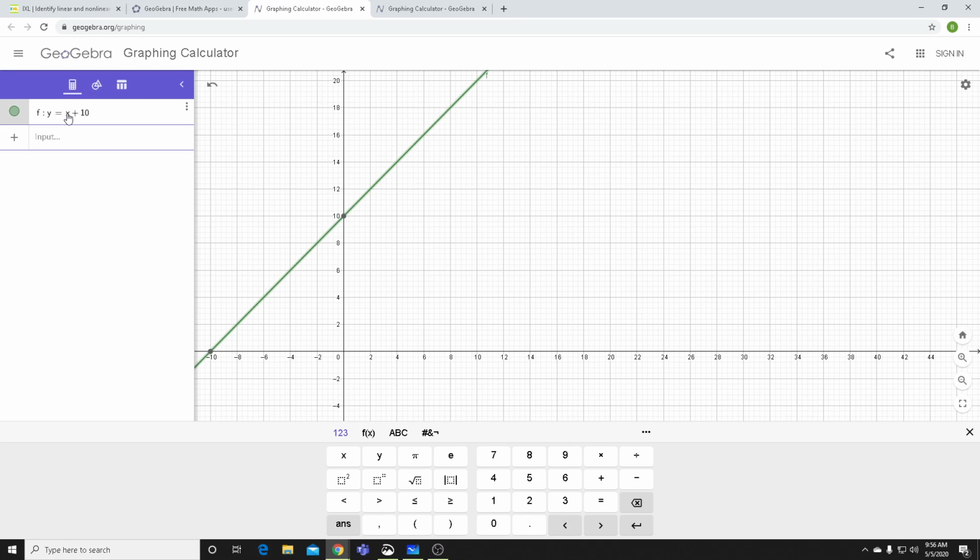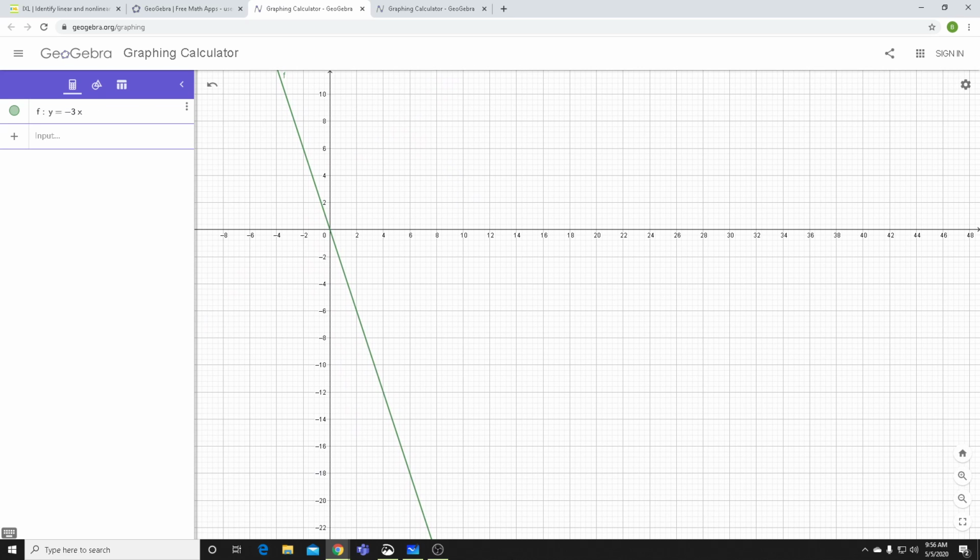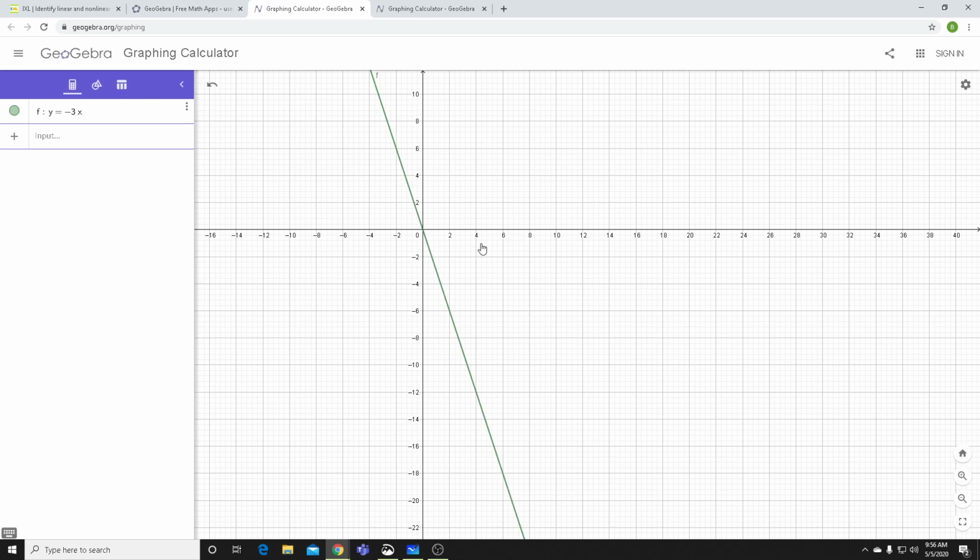This also works if there was a negative number in front of the x, like a negative 3. Notice it's now going downwards.